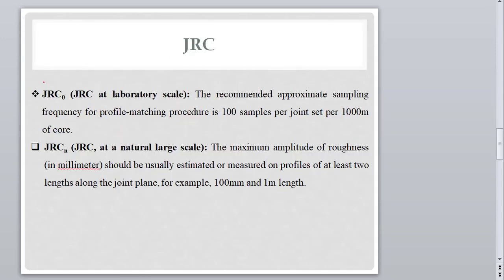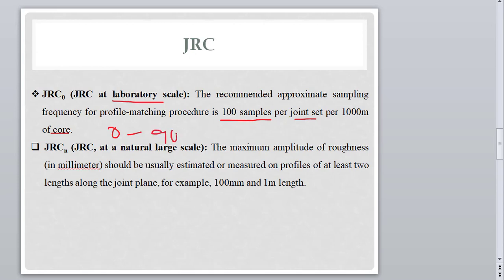Here we have two types of JRC. One is JRC0, also known as the laboratory scale. In the laboratory we have to collect 100 samples per joint set, because in the cores the angle of the discontinuity varies from 0 to 90 degrees.